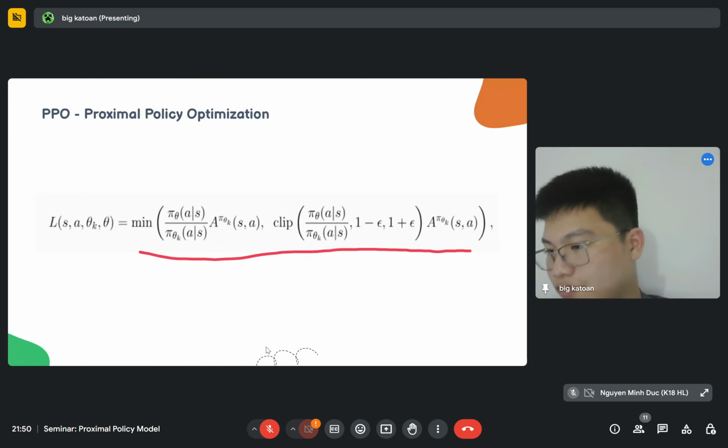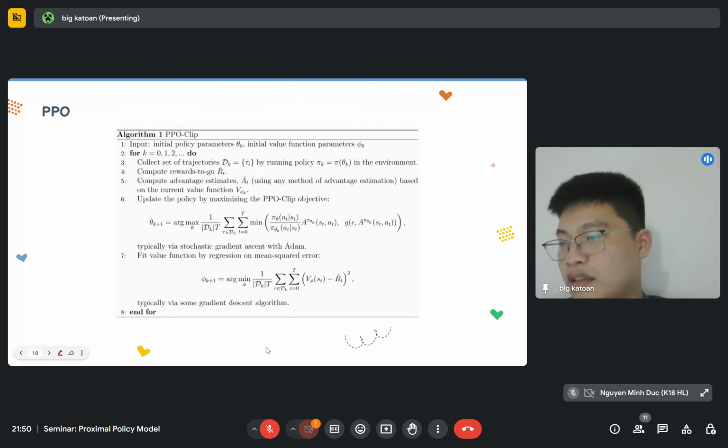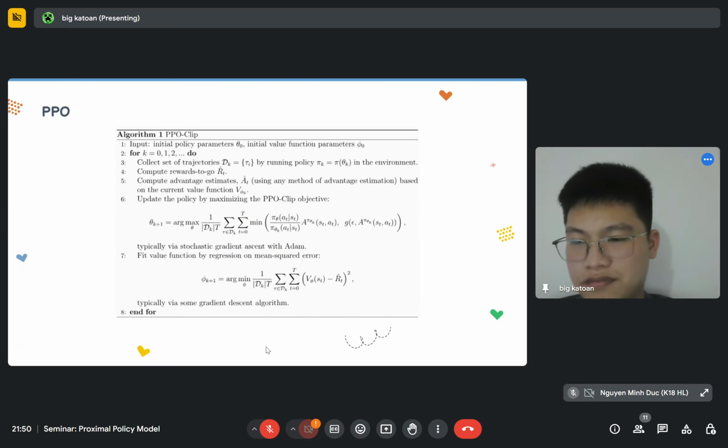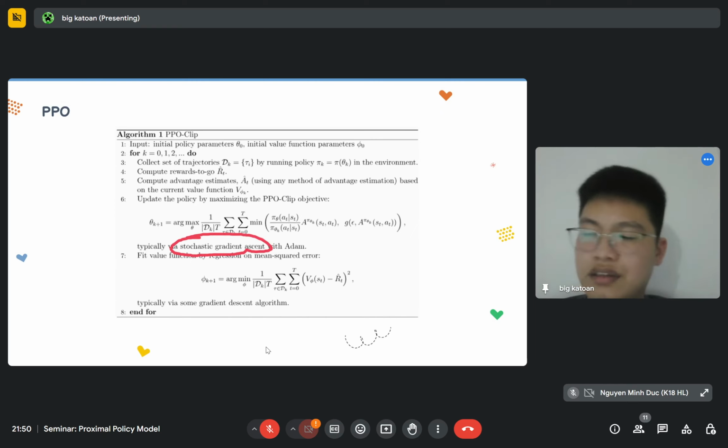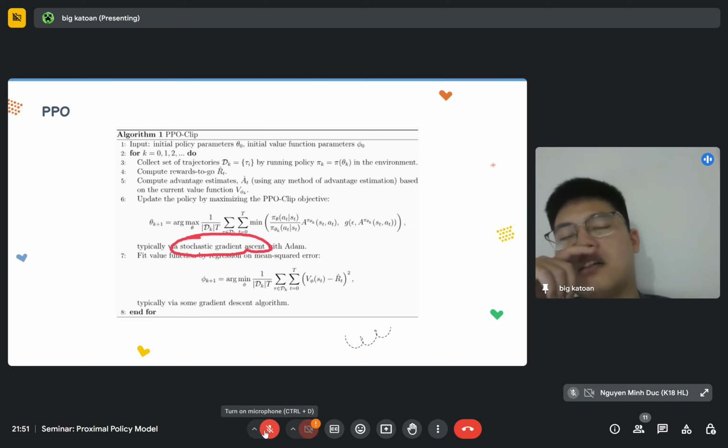And for this one we use stochastic gradient descent with Adam. Sometimes we can use batch gradient descent, but stochastic gradient descent is still okay. Stochastic gradient descent is more for online methods, but in this problem maybe it can be used, depending on the way we train the model.